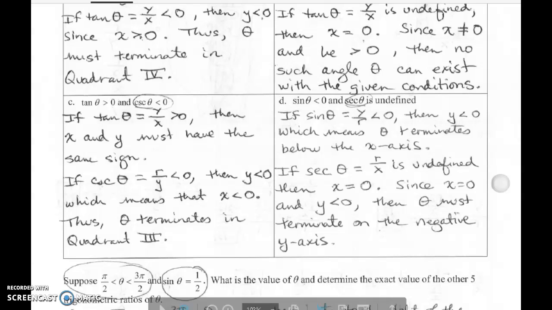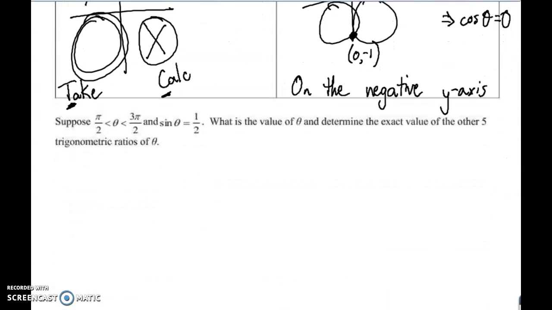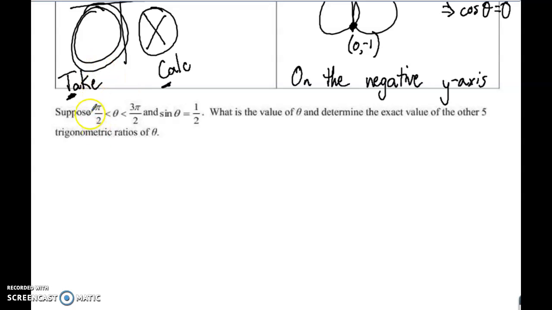And then you'll be ready for the homework. So now they're telling you that theta lies somewhere between pi/2 and 3 pi/2. So remember that pi/2 is up here, and then 3 pi/2 is down here. So we know that our angle happens somewhere in the second or third quadrant.